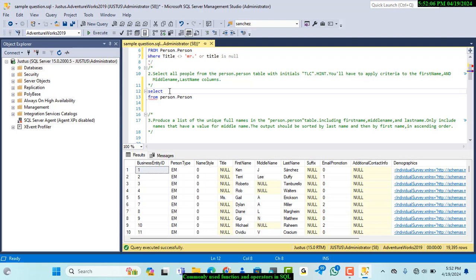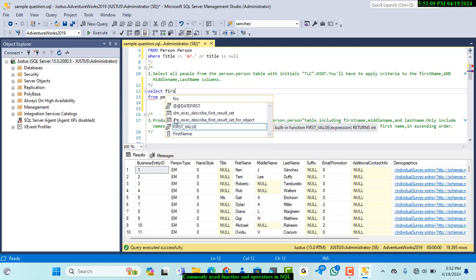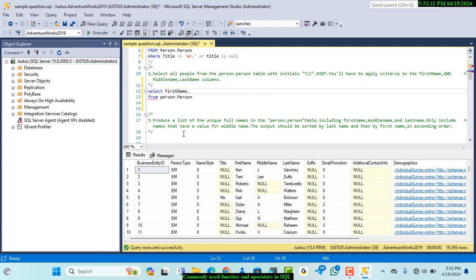To be more specific, I'm going to use the first name, middle name, and the last name. So those are the fields we're going to use. I'm going to use to extract the first, middle, and the last name.